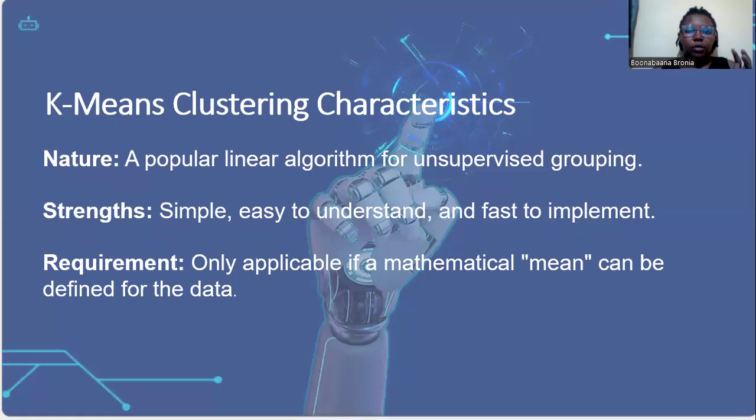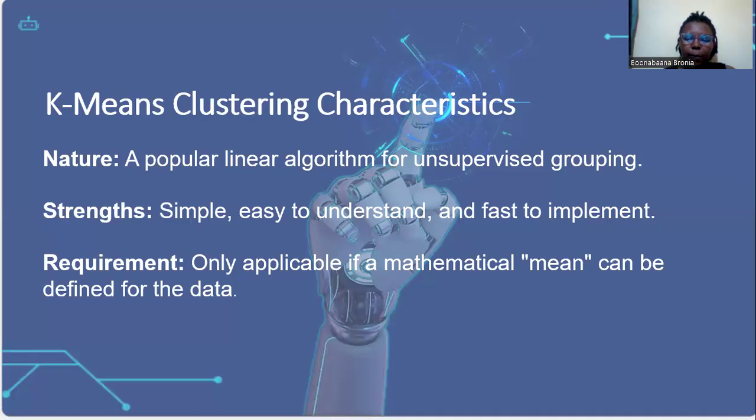So another algorithm we have here is K-means clustering. Clustering is where we gather together for unsupervised learning. We use this method to put together features with some similarity. So yeah, that's the whole story behind clustering. It is a popular algorithm for unsupervised grouping, and it's simple and easy to understand.